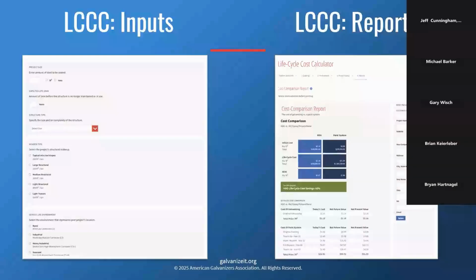Then you pick your environment and, going off of all the real world data, it prints you off a nice little life cycle cost comparison. It's really helpful, and you can download it as a PDF. So it's a helpful comparison tool when picking coating systems.